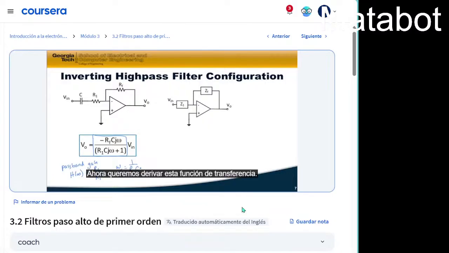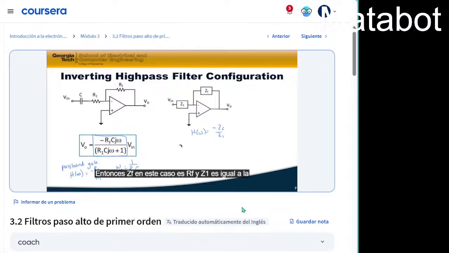Now we want to derive this transfer function. Let's go back to thinking about our last lesson. In our last lesson, we looked at a configuration like this, and we said that the transfer function for this is equal to minus ZF over Z1. We derived it in the last lesson.